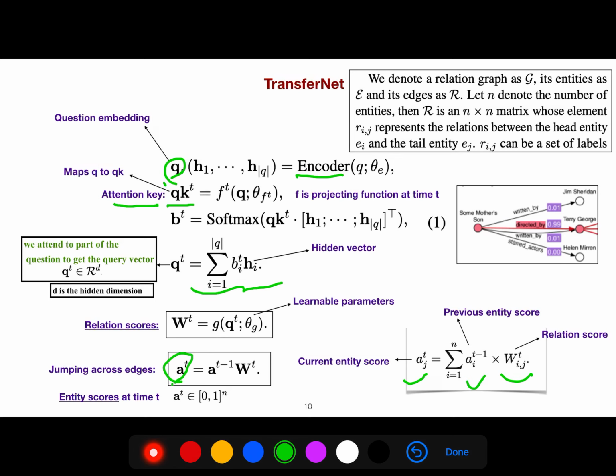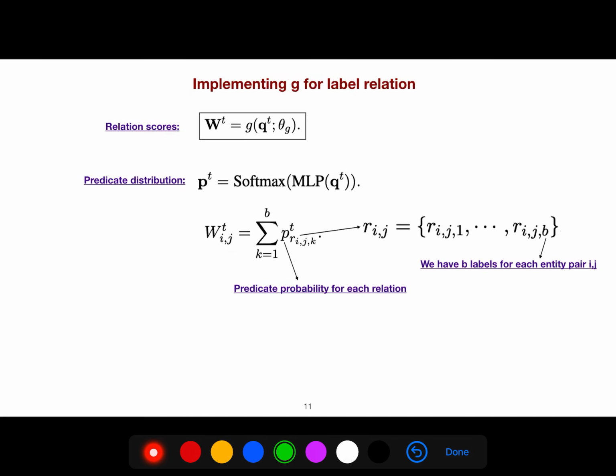So in order to go to j, you could go from i equal to 1, i equal to 2, i equal to 3, but all of them go to j. So we are implementing g for label relation. One approach is what the paper suggests. It suggests that they have got good results with the summation function.